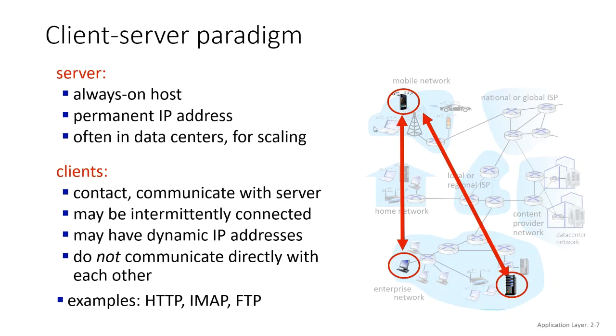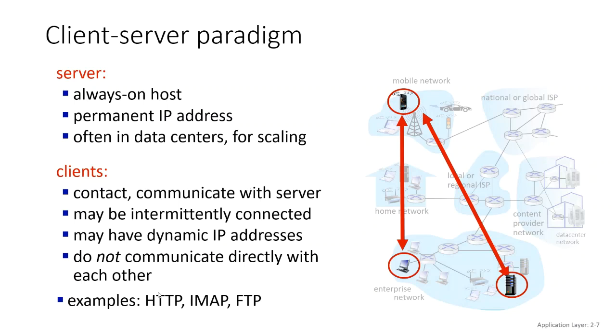In this case we'd be speaking about a peer-to-peer connection. It depends. In a client-server architecture, they do not directly communicate to each other. But in the next set of slides, they can or may communicate to each other.